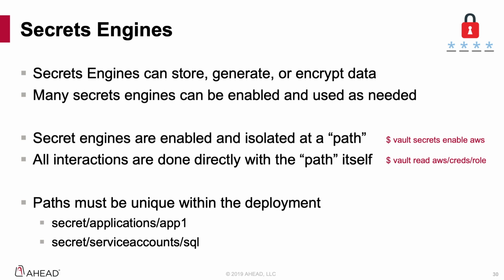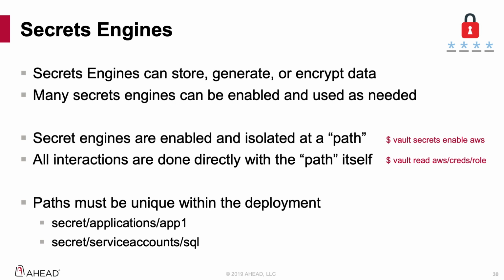KV is not necessarily part of the path. Same thing with AWS. You can enable an AWS secrets engine, and then you would interact with it by reading /aws or /amazon, whatever you want to call it. That's how you'd read and generate credentials. It doesn't necessarily have to say anything with AWS in there. The only thing is paths must be unique within the deployment.